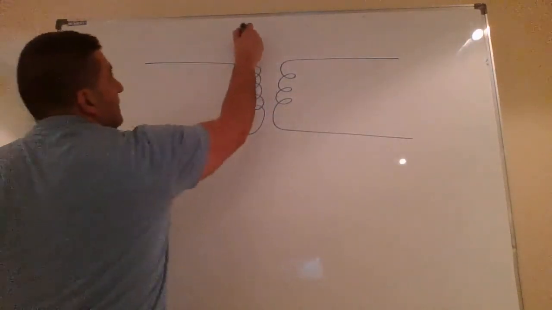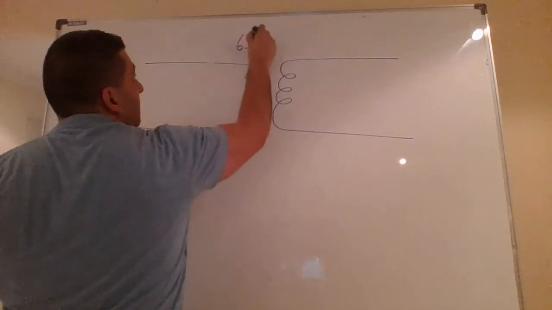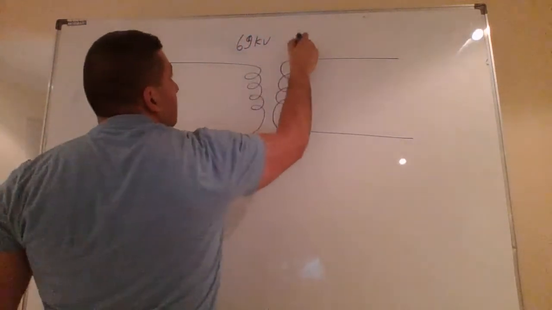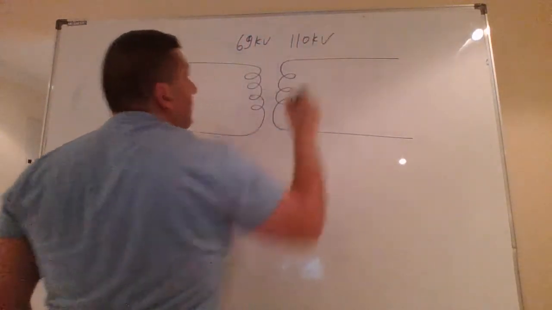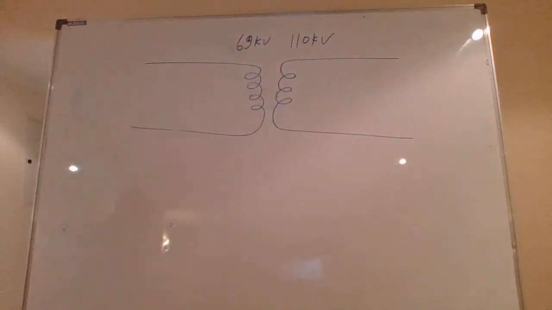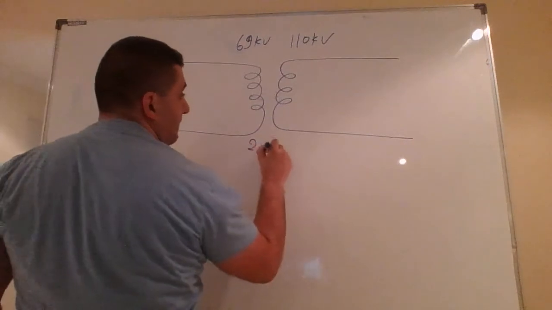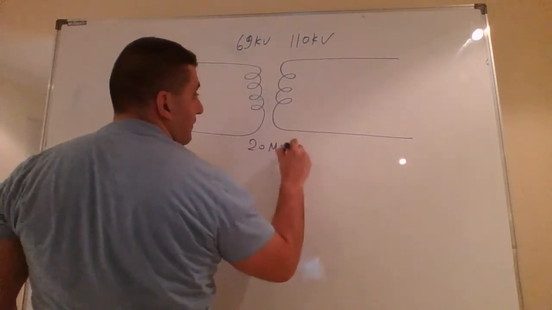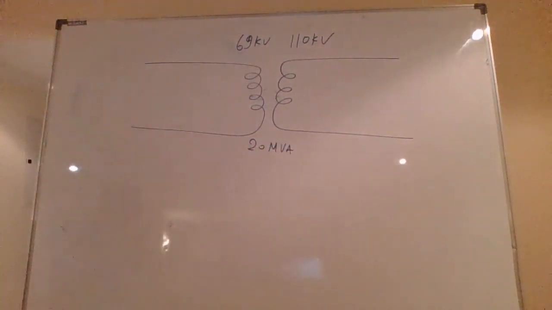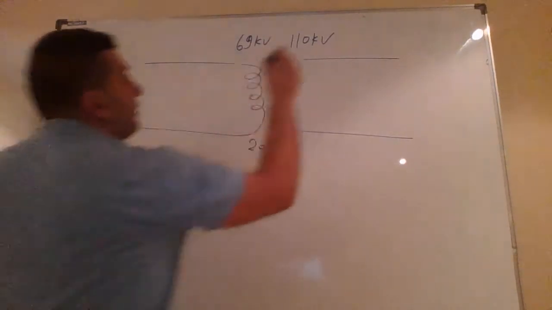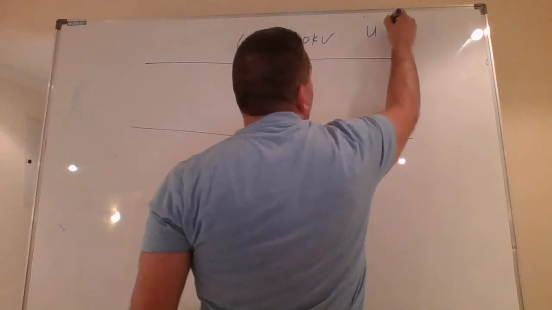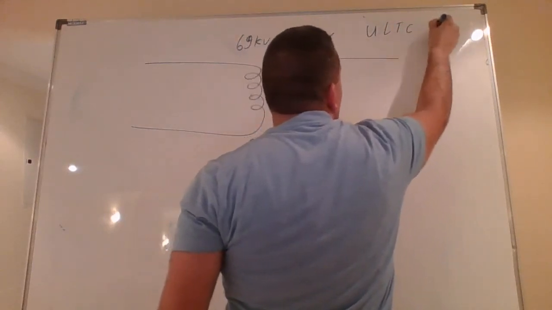I have a 69 kilovolt, 110 kilovolt transformer. The system has a 20 MVA power. The system has an under load tap changer of 5%.